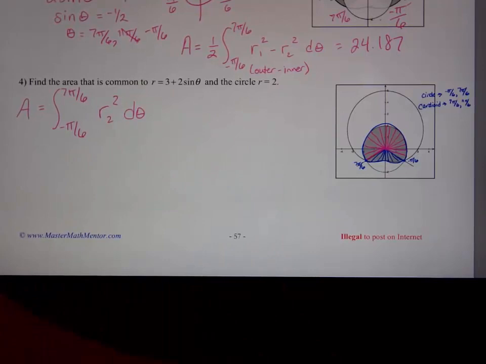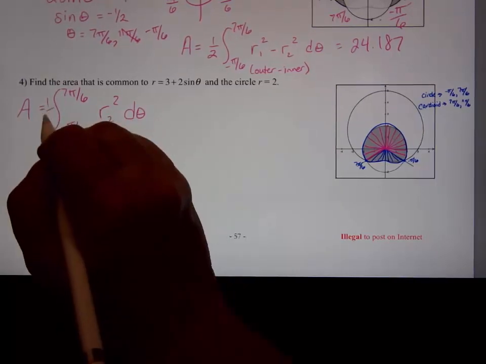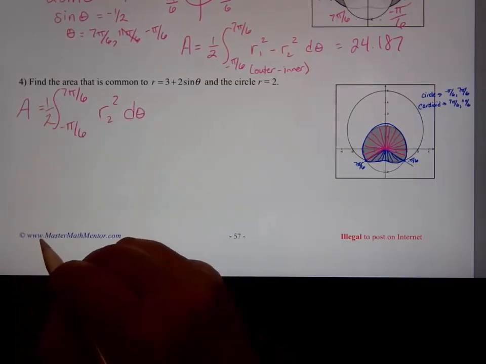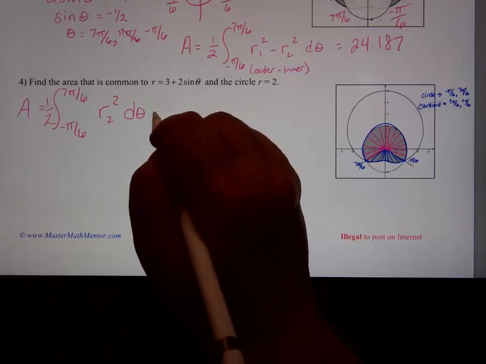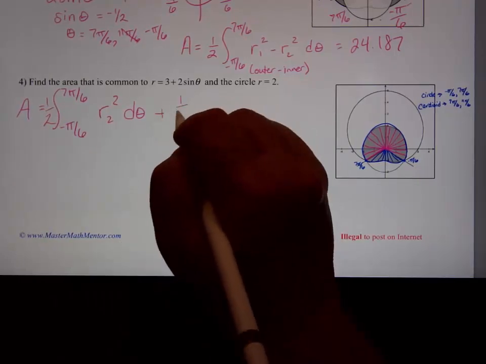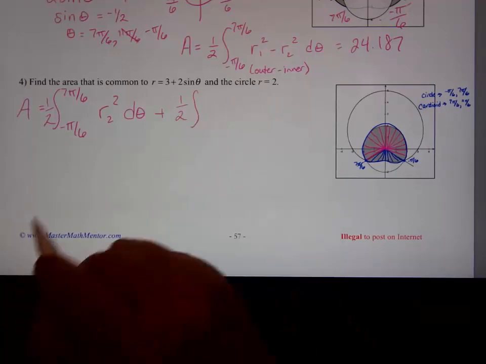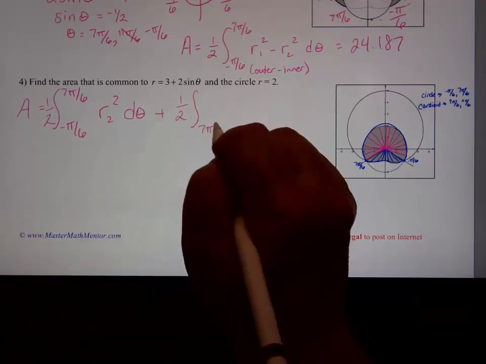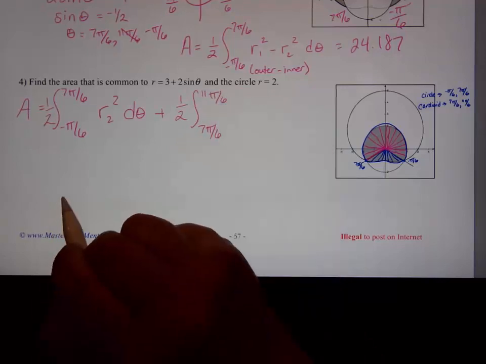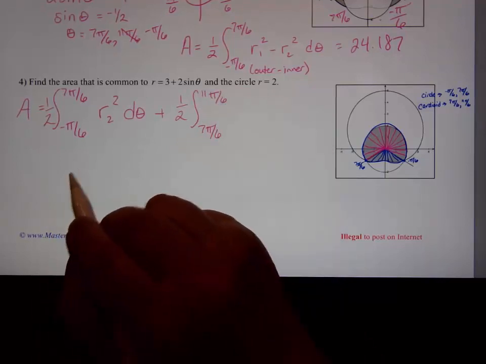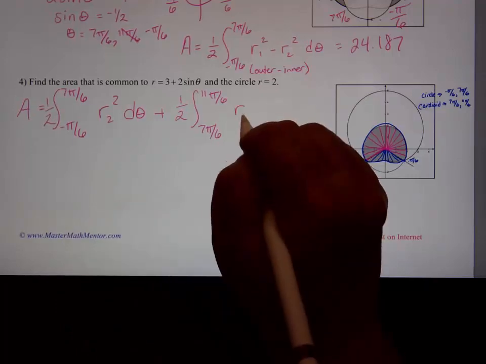I forgot the 1/2, so throw it in the front, or inside, it does not matter. Plus 1/2. The next piece goes from 7 pi over 6 to 11 pi over 6, of which equation this time? R1. R1 squared d theta.